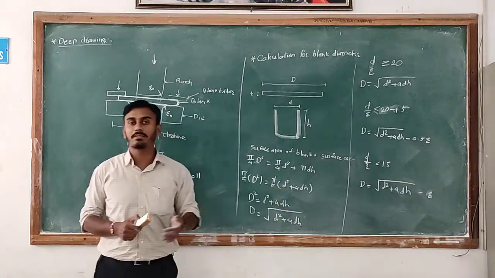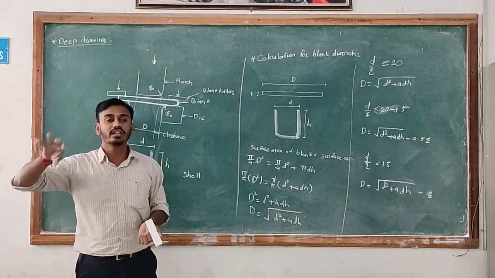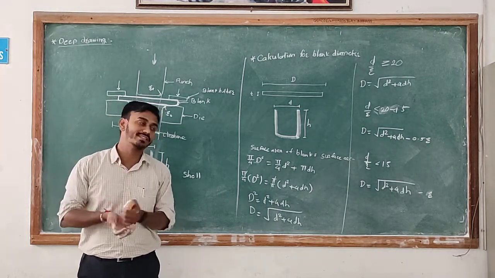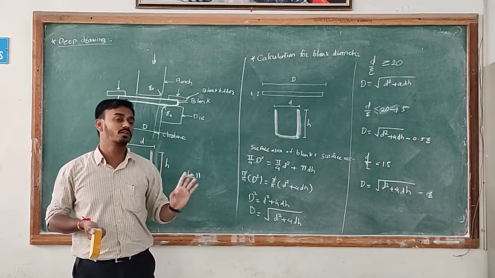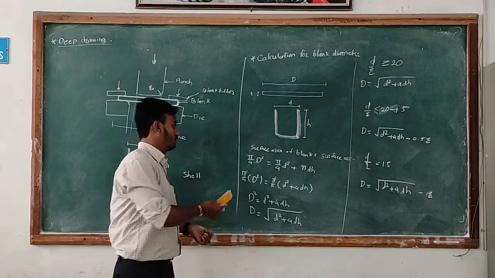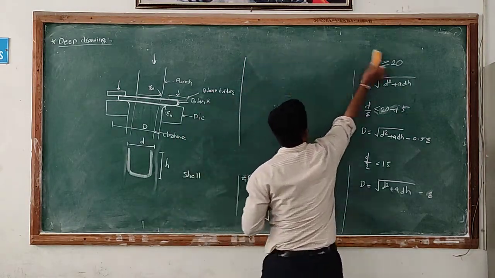So according to this, trimming allowance is necessary. If they ask in a numerical to use the trimming allowance as this amount, then you can use it. Otherwise, you can take the value of trimming allowance as 3 mm for 25 mm diameter. Okay.